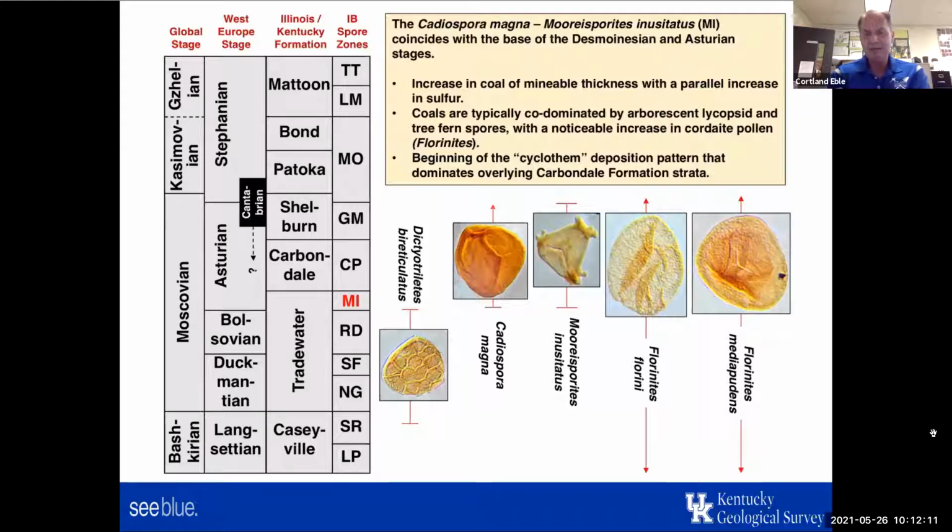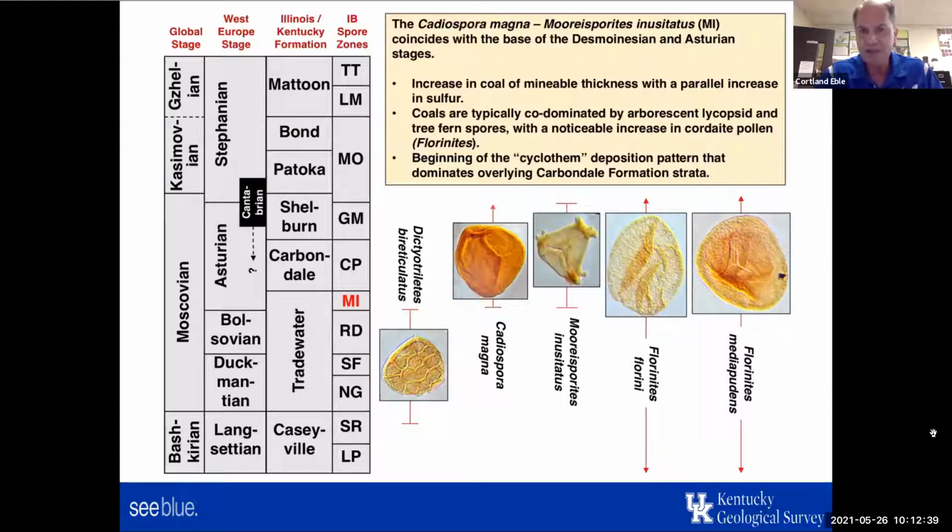One of the curious things about the coals in the late part of the Trade Water that this assemblage defines is we see a spike in Florinites, and I've never really quite understood this, but we do see a lot more Florinites in this interval, but they're otherwise very similar in terms of lycopod and tree fern abundance.